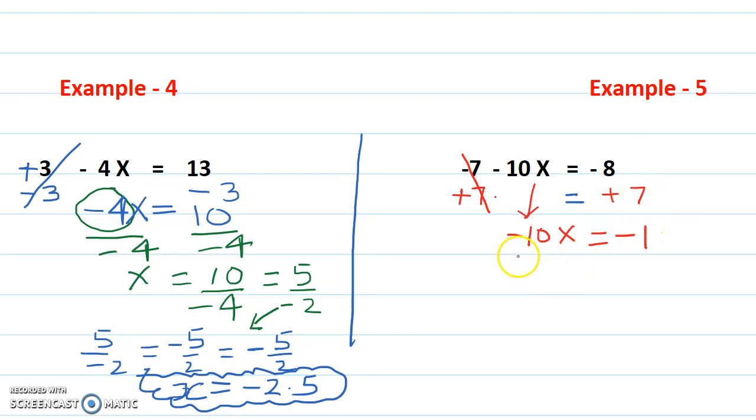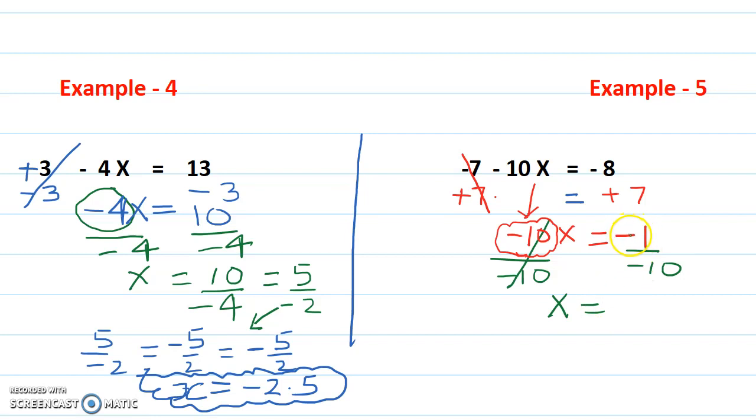Now again, who is the troubling number here? Yes, minus 10. So we need to get rid of this minus 10. What we need to do is just divide by minus 10 both sides. So minus 10 and minus 10. Minus 10 will be cancelled out. On the left hand side, we are left with x.